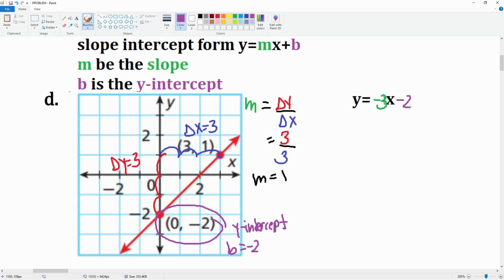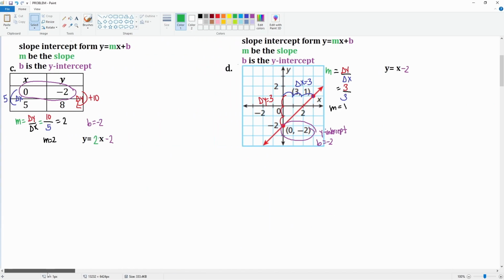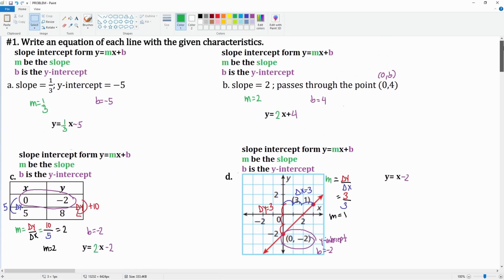So y is equal to -3x minus 2. Oh, it's not negative. Oh, the slope was wrong. The slope here was 1. Yeah. Y equals 1x minus 2. But you can just write it as y is equal to x minus 2, because the slope simplified. So there you go. That is how you write the equation given the slope and the y-intercept.